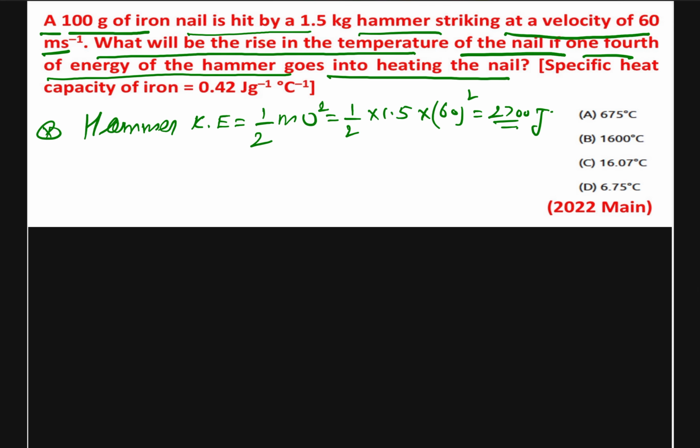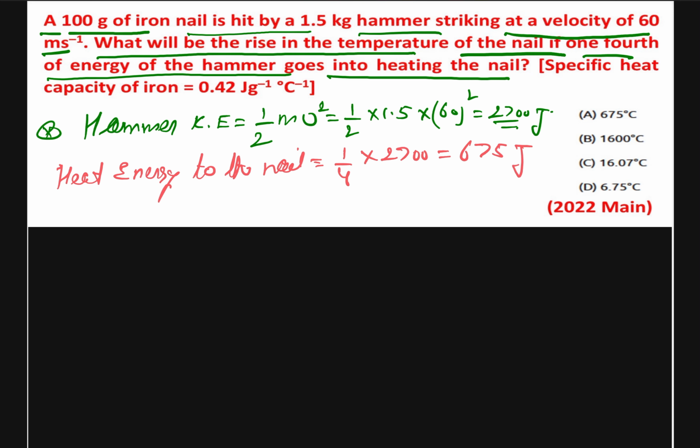And for the energy heating the nail, we can say the heat energy to the nail is equal to 1/4 of 2700, which comes as 675 joules.